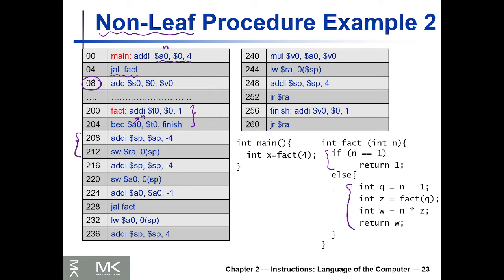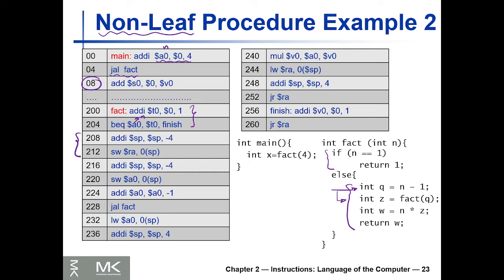The first line here is int q equal to n minus 1. Then the second line is a recursive call for the factorial function. But we're gonna call it with n minus 1, not n. So basically we're gonna overwrite a0 here when we do the factorial again.